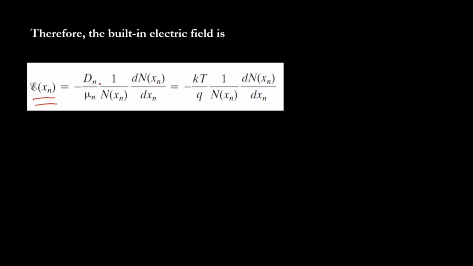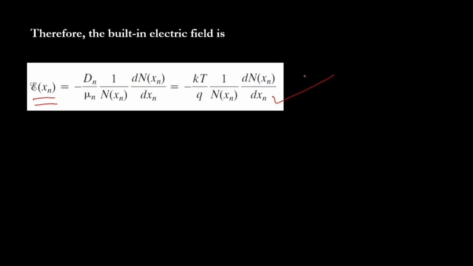Dn by mu n I can replace with kT by q, we know this before. So the expression of the inbuilt electric field inside the semiconductor, more specifically inside the base region, is kT by q into 1 by n(x) into d by dx of n(x).